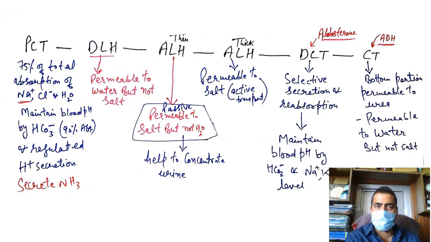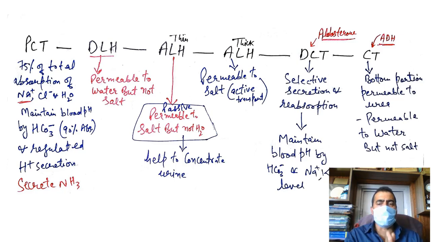Number one is the PCT, the proximal convoluted tubule. 75% of the total absorption of sodium, chloride and water takes place through the proximal convoluted tubule. It also maintains blood pH. Blood pH is most important; in human beings it is approximately 7.3 to 7.4.